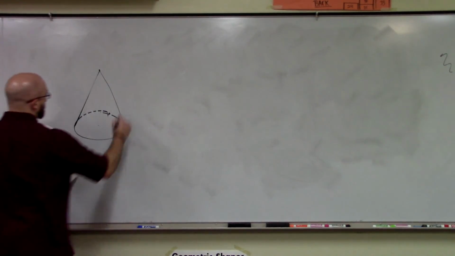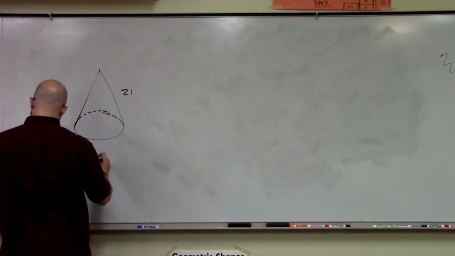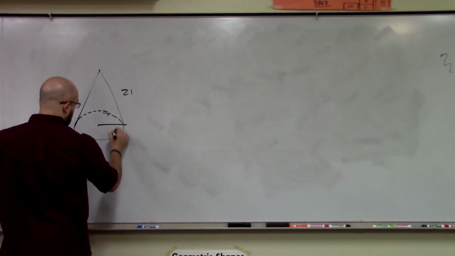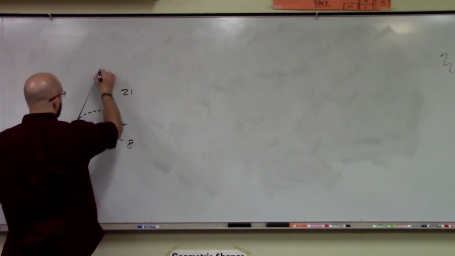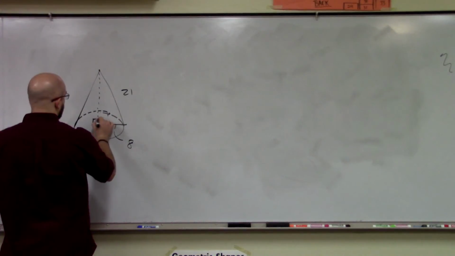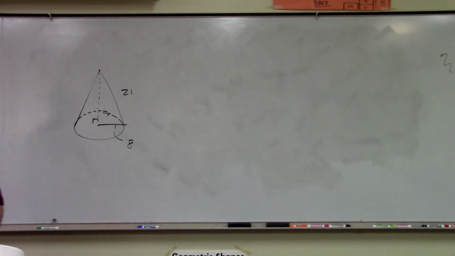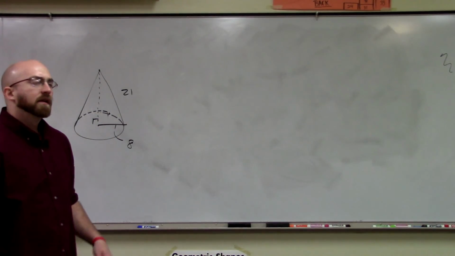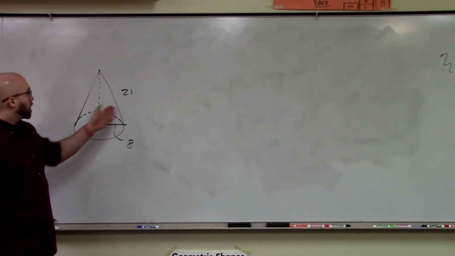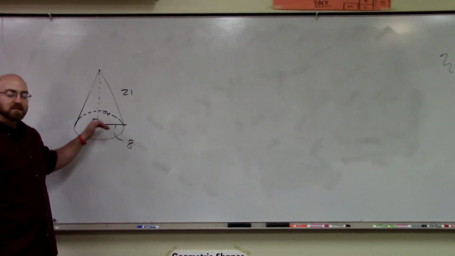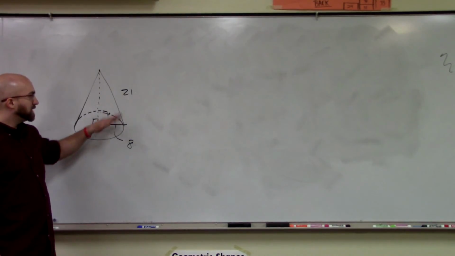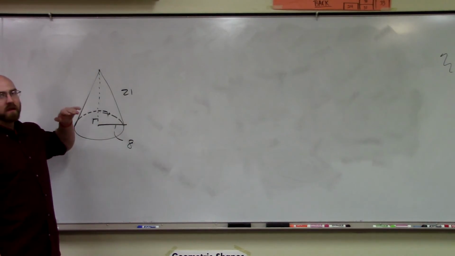All right. We're told this is 21. This is 8. And it goes ahead and shows us this dotted line. Again, that dotted line is your altitude and height. Usually they'll give you that, and this, and you got to find your radius, Pythagorean theorem. This or this, you need to find your L, Pythagorean theorem.